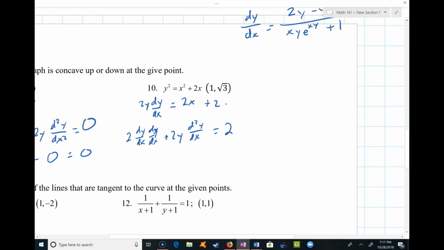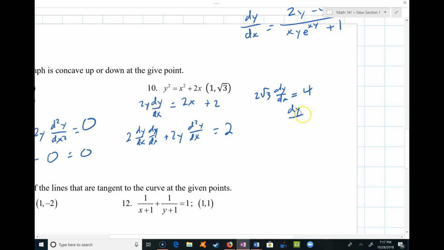Okay, so now, again, my goal is to find the second derivative. So I'm going to plug in 1 and rad 3, 1 for x and rad 3 for y. I'm going to go ahead and find out what dy/dx is right now. If I plug in rad 3 for y, that would be 2 rad 3 dy/dx. Plug in a 1 for x, and that would be 4 over here.